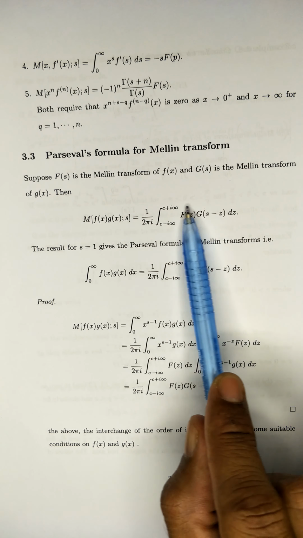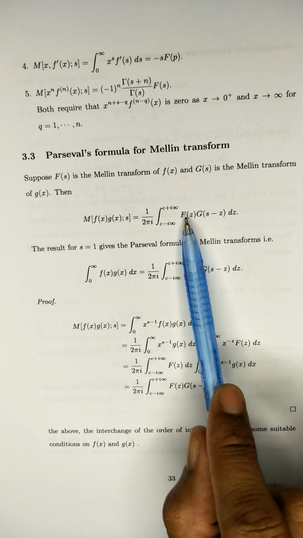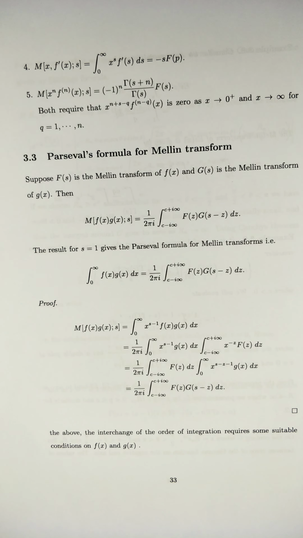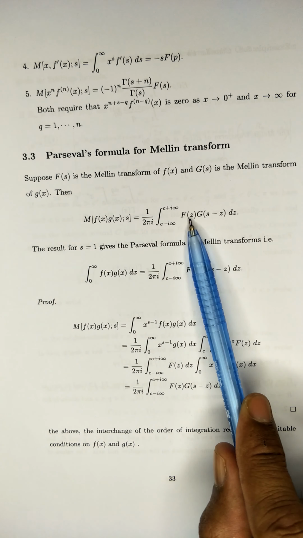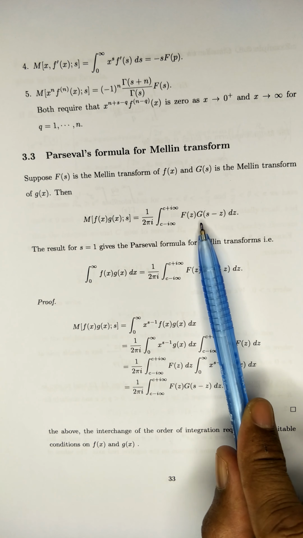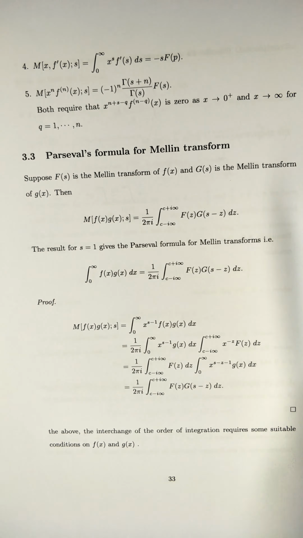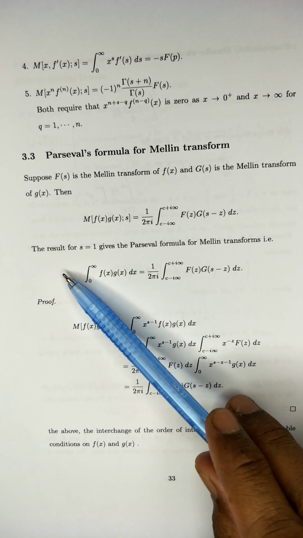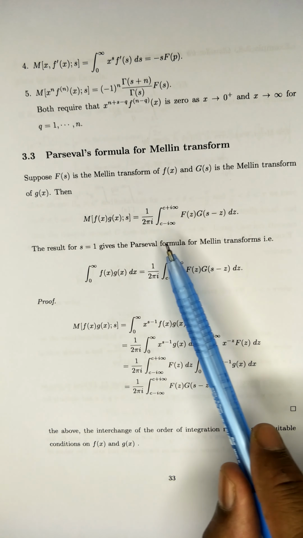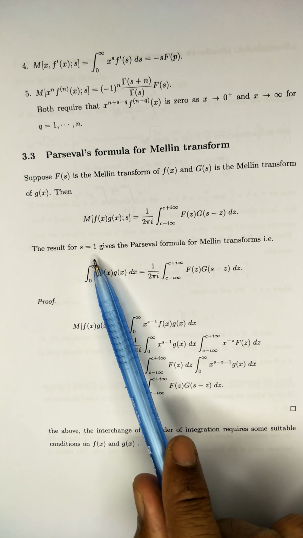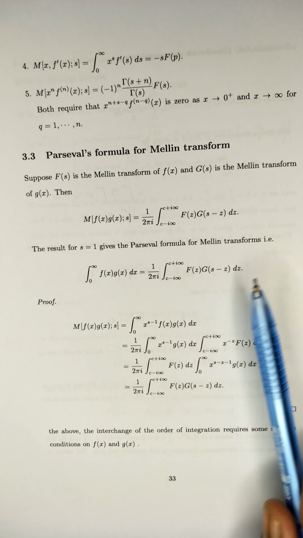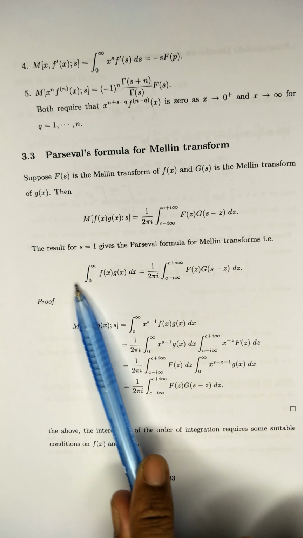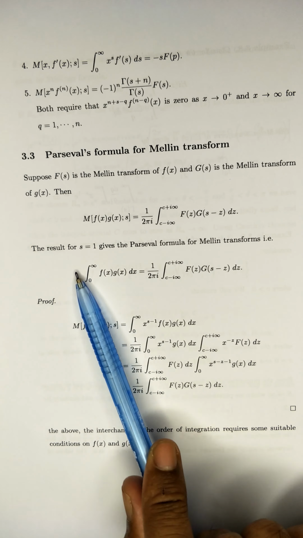I think you still remember what this is. This is the convolution of two functions, provided that capital F and capital G are the Mellin transforms of functions f and g. So if you take s equal to 1, you get what we call the Parseval formula for the Mellin transform.